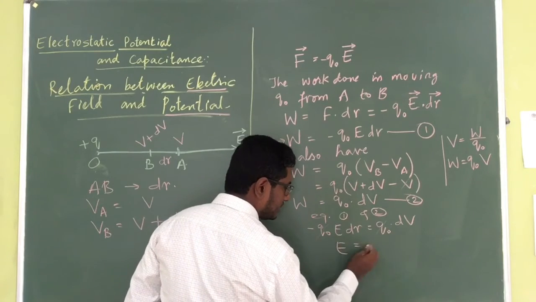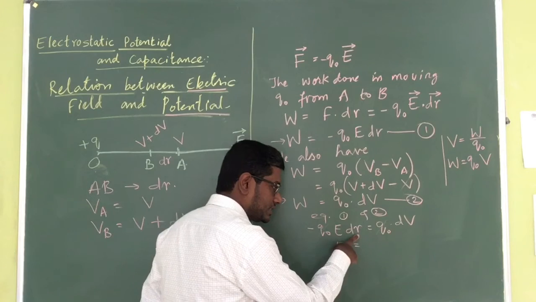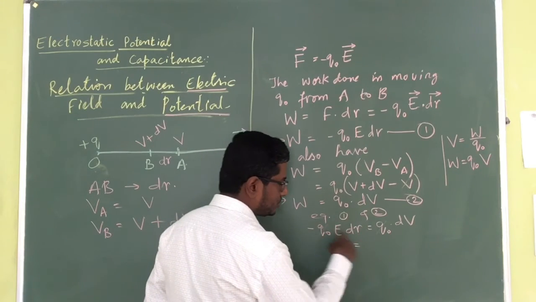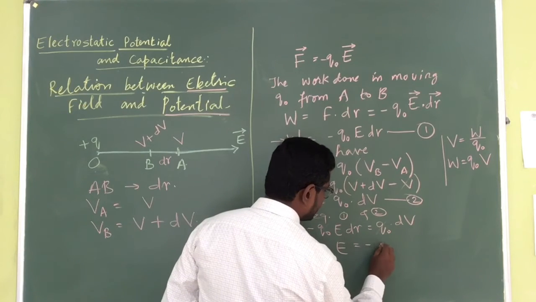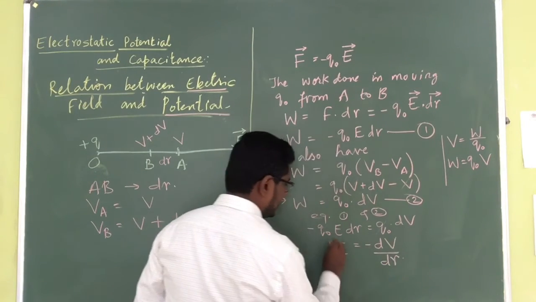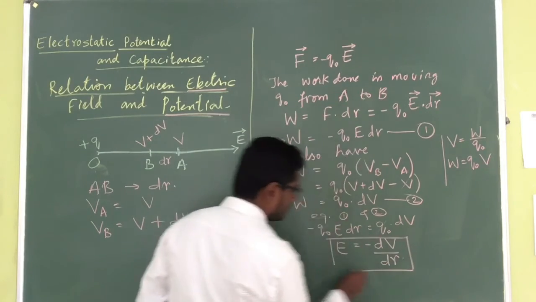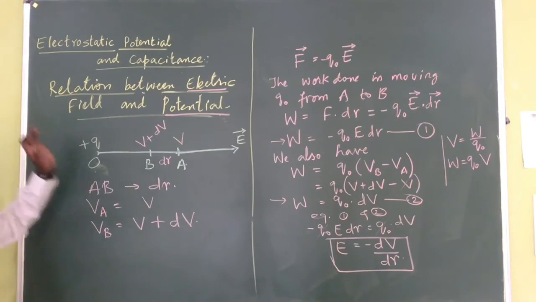So what are we going to be left with? E will be here. There is a minus sign remaining and a distance dr remaining. These two will be shifted towards the right hand side. This is going to become E equals minus dV by dr. And this relationship is called the relation between electric field and the potential.